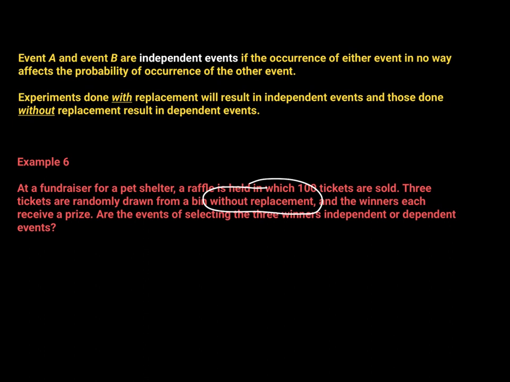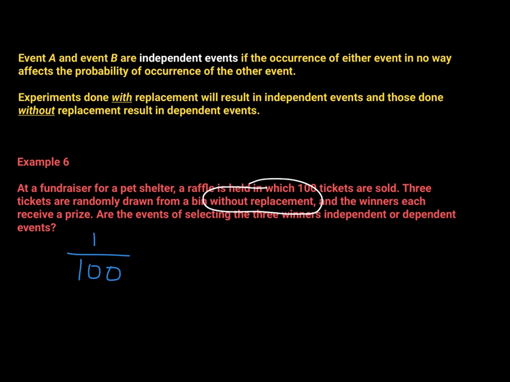Let me explain why these are dependent events. What's the probability for the first drawing of the ticket from the bin? Okay, there's 100 tickets, so the probability that you would win is 1 over 100, right? Your ticket out of 100 tickets that are sold. All right, let's say they did not pick your ticket.